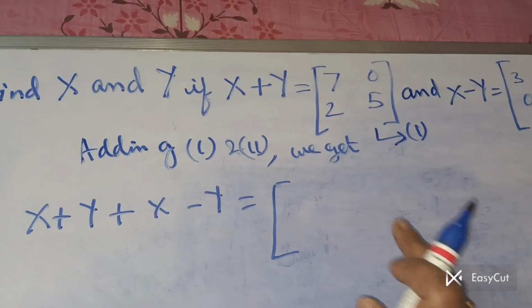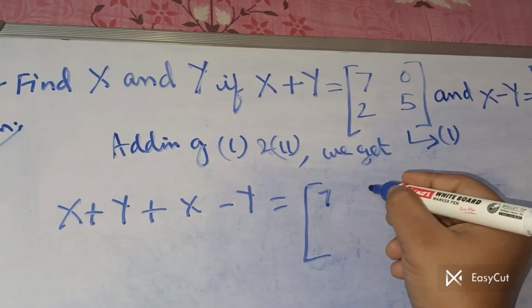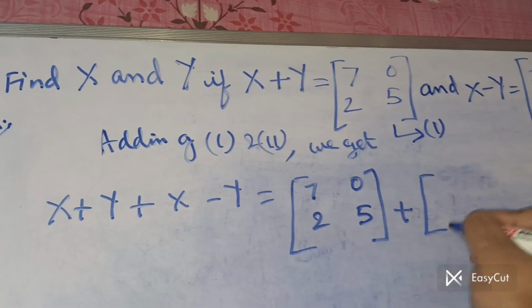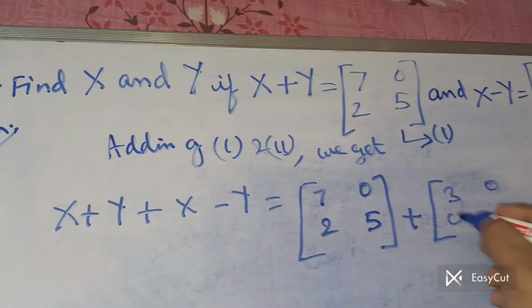So x plus y matrix is [7 0; 2 5] and x minus y matrix is [3 0; 0 3].